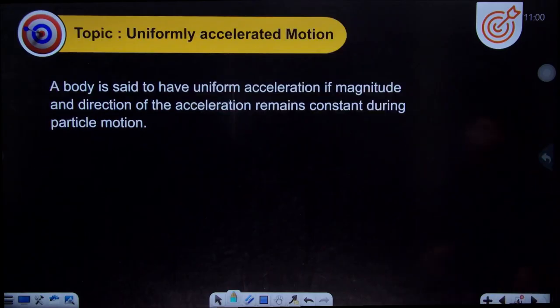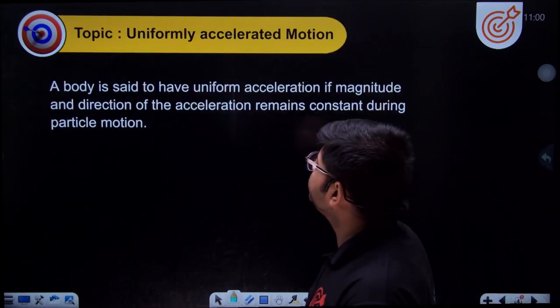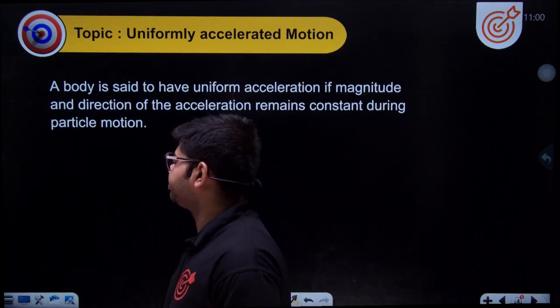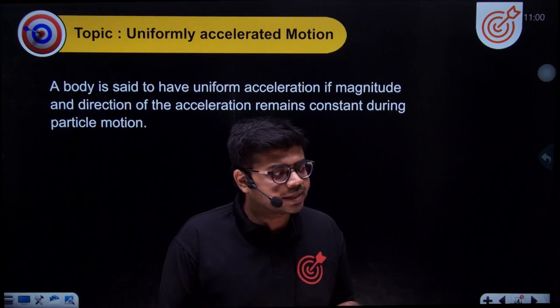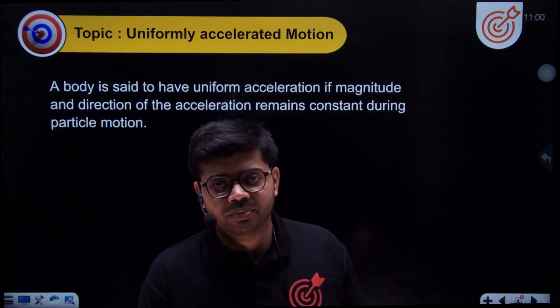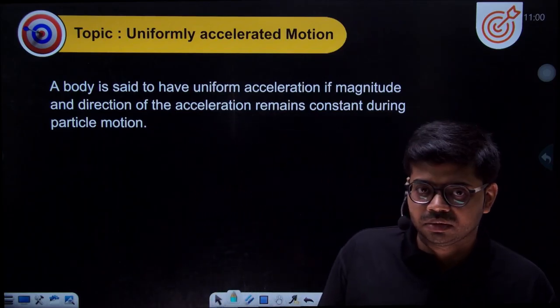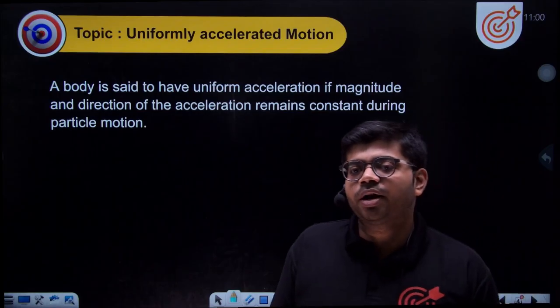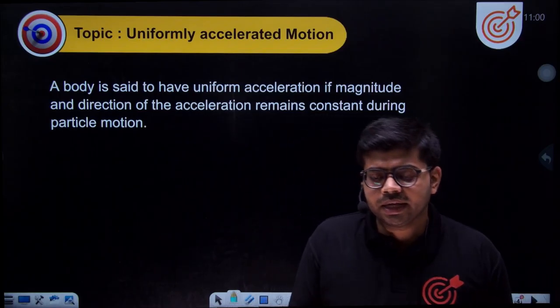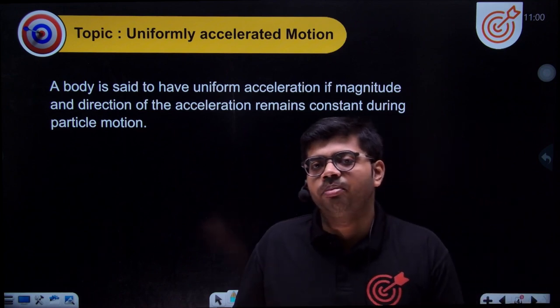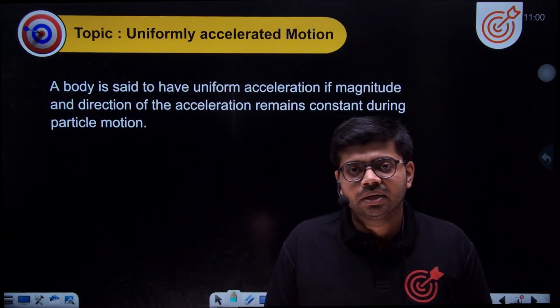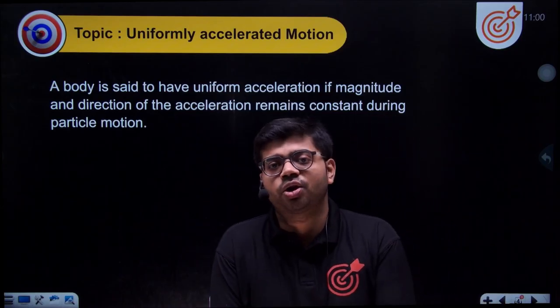Now, what is meant by uniformly accelerated motion? If I say that a body is accelerating uniformly, what is meant by that? It means that the acceleration of that body is constant.